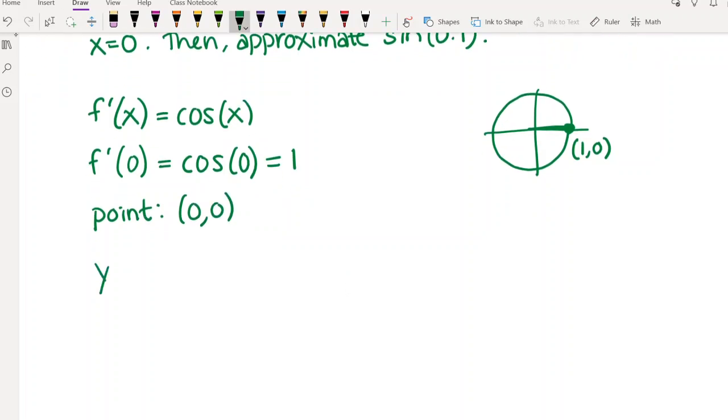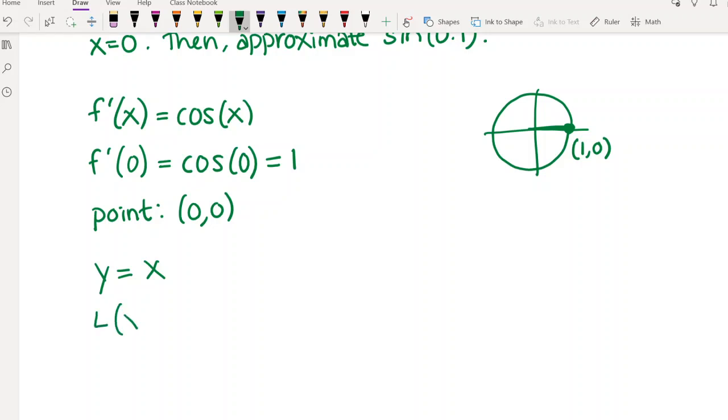So for our equation, we can jump straight to slope-intercept form because we know the y-intercept is 0 if it goes through (0, 0). And so our equation is just going to be y is equal to 1x, which is just y is equal to x, right? Because the slope is 1, it goes through (0, 0). It's just a line with a slope of 1 going through the origin, which is the line y is equal to x.